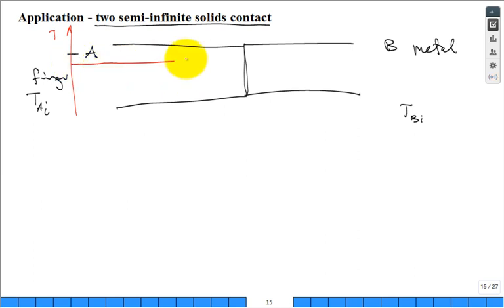This is high, and way over here, this is low. Now, when you bring them into contact, something happens at that interface such that the interface jumps to a temperature. That interface temperature could be TS, could be close to TB initial, close to the wood or plastic or metal's temperature, or it could be up here and it would be closer to the finger's temperature. And that's what you're sensing.